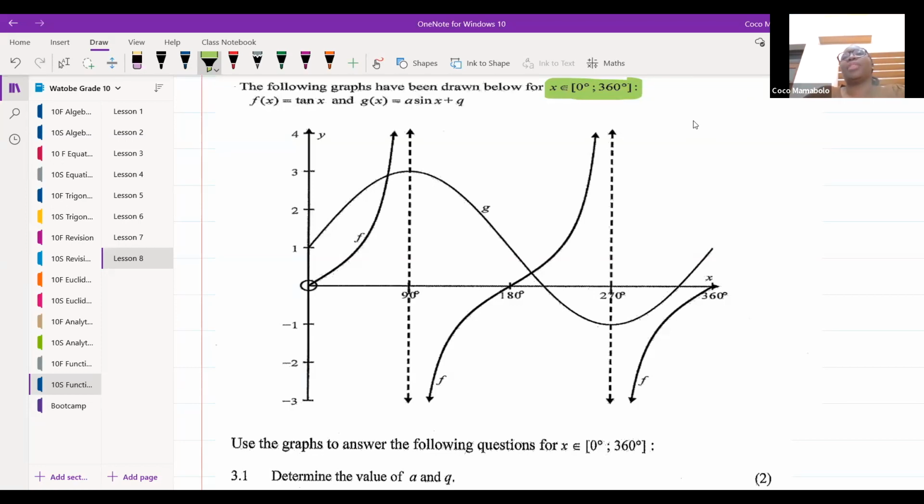Then they tell us that they've given us the graph of f of x, and I'm going to come back to that question, Teacher Nelly, if Sanda is still kind of confused. We'll come back at the end of the lesson. Then they say we've got a graph of f of x is equal to tan x, and g of x is equal to a sine x plus q.